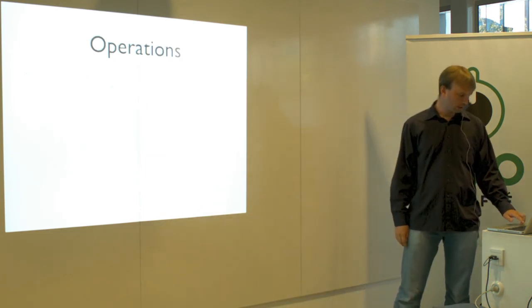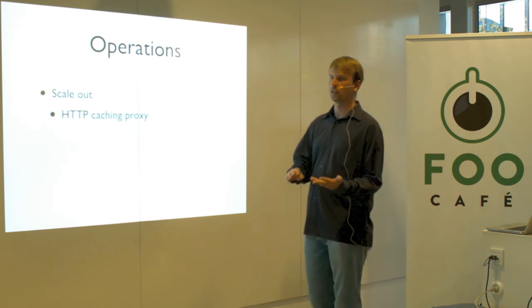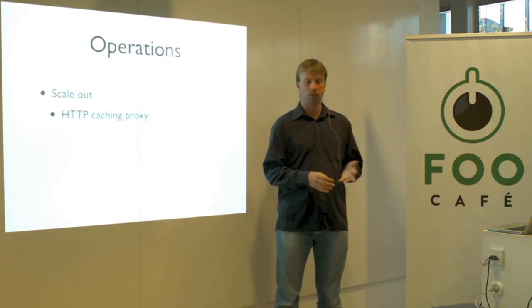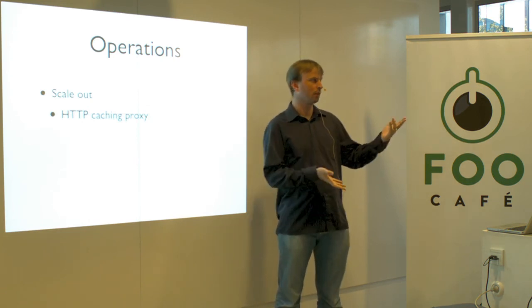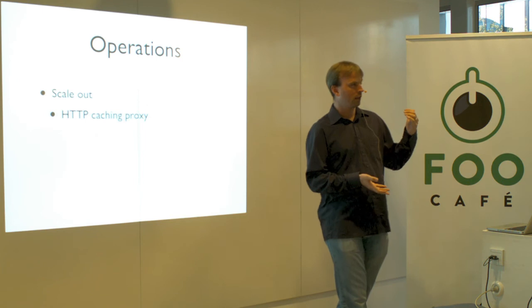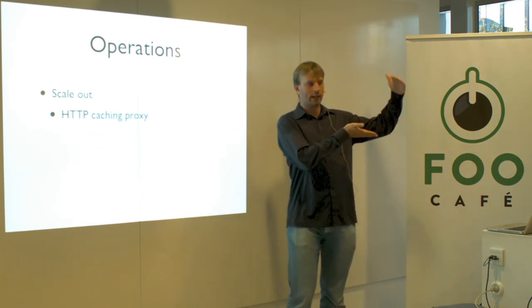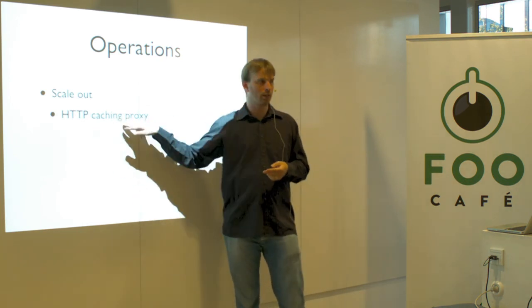So in terms of operations for actually hosting these kinds of services, like I said, one of the benefits of doing a data dump is that it's static data. It doesn't change. Same thing with the Atom feed. Once you've created the file, if you're using Atom with paging, the old Atom feeds never change. So that means you can put an HTTP caching proxy in front of it.